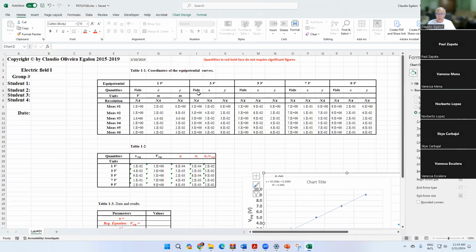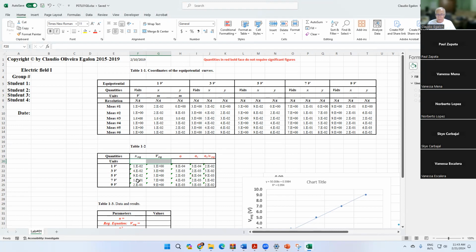Okay, so here you have to put your units. Make sure you fill it up, okay? Put your units here too as well.